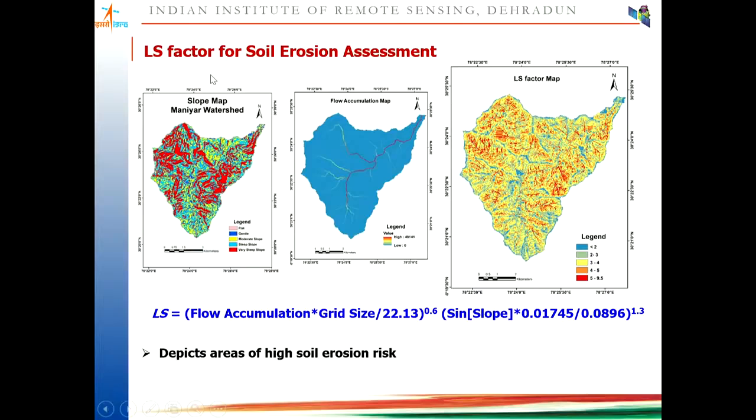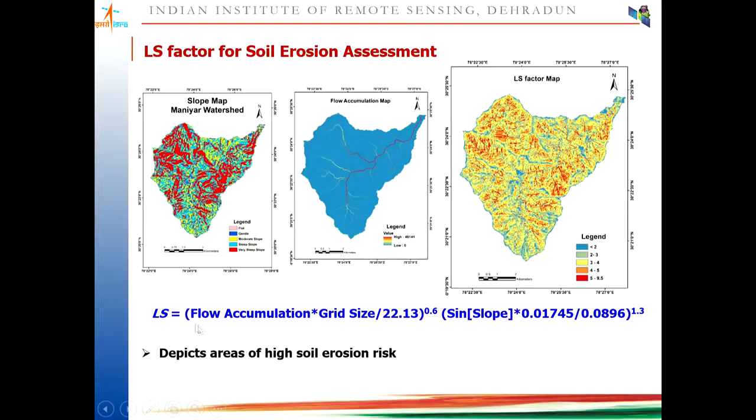This is a very useful parameter which we can extract from the DEM directly, and we can put this map directly into the various erosion models where we want to estimate soil erosion. In another lecture we will see how important the LS factor is.